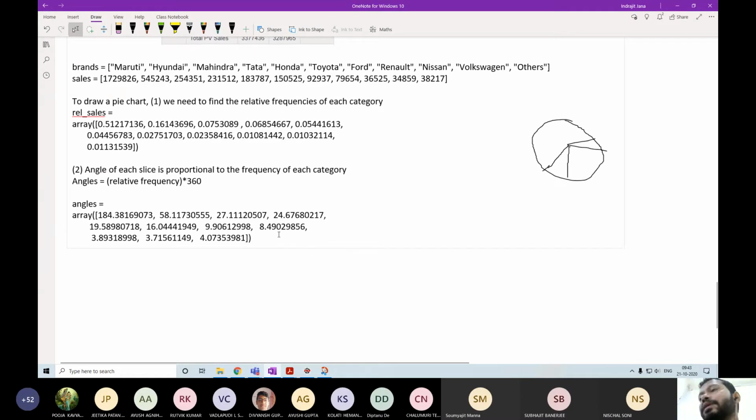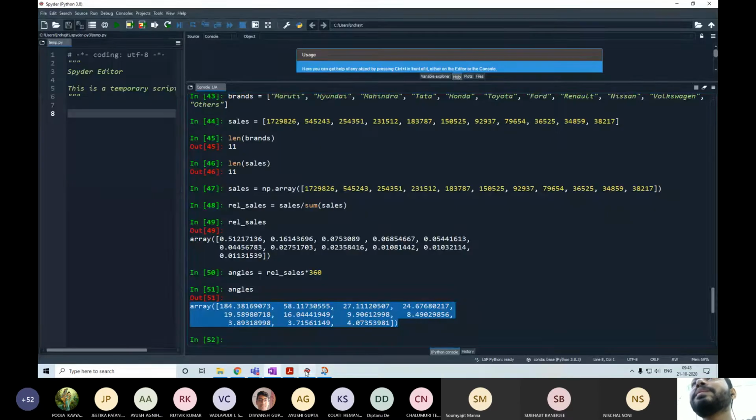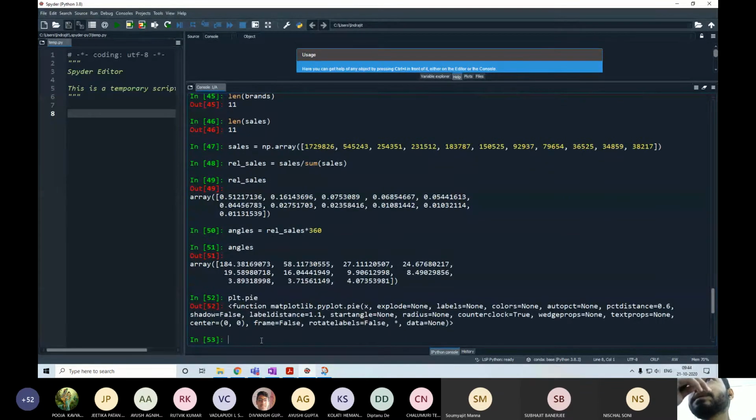Now, if you're doing it by pen and paper, using this data you can actually create a pie chart because you have these angles, and you just draw the angles and you will get the pie chart. But actually, in Python, there is an inbuilt command, which is plt.pie. Yes, this will give you the pie chart from given data.